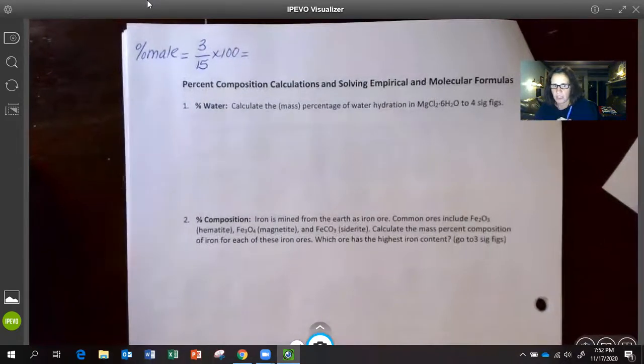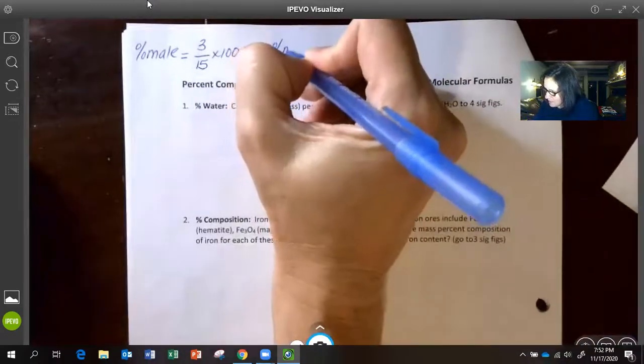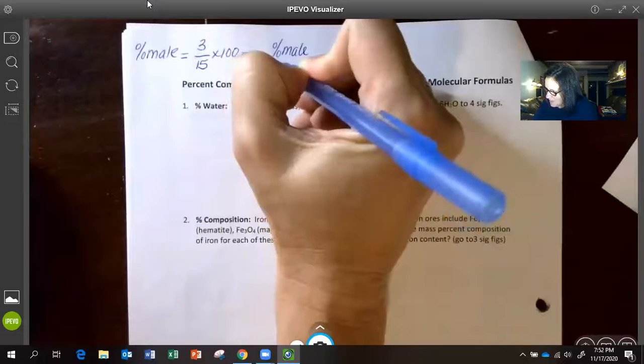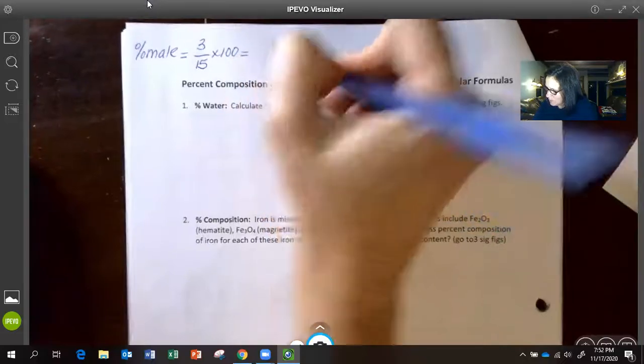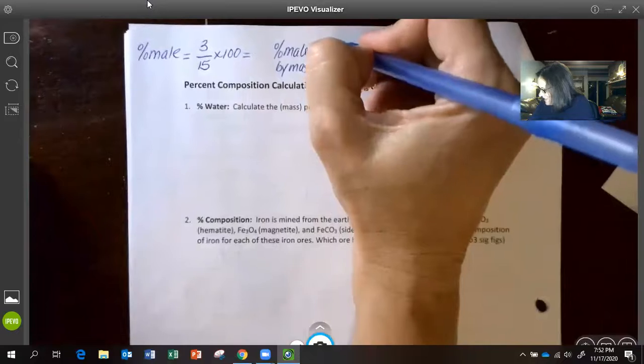Now, a different question I might ask you is, what percentage of our classroom by mass is male? Okay, not by number, but by mass. So how would we solve that problem? Percent male by mass, right? So we would get a big scale and we would mass all the males, right?